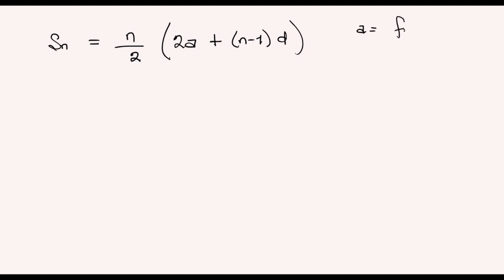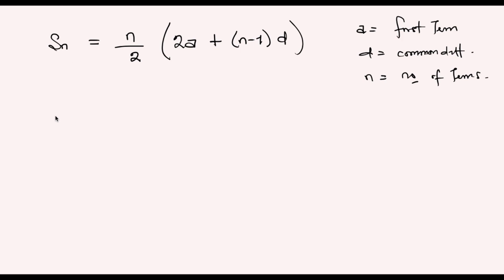So if we have an arithmetic progression which has a lot of terms in it and we want to find the series for that arithmetic progression, we have two formulas that we can use. The first one is S_n is equal to n over 2 multiplied by (2a plus (n minus 1) multiplied by d), where a is the first term, d is the common difference, and n is the number of terms in the arithmetic progression.